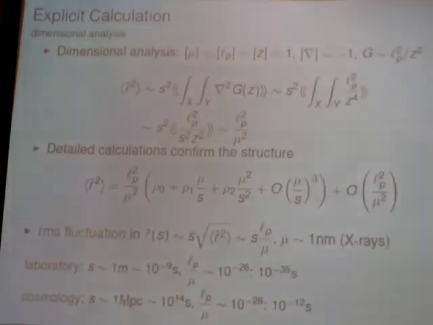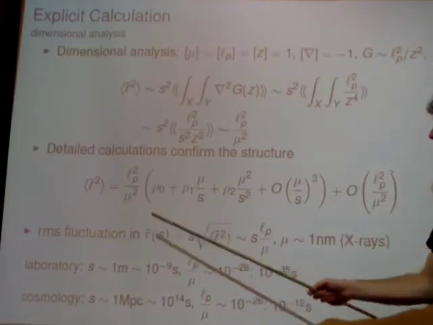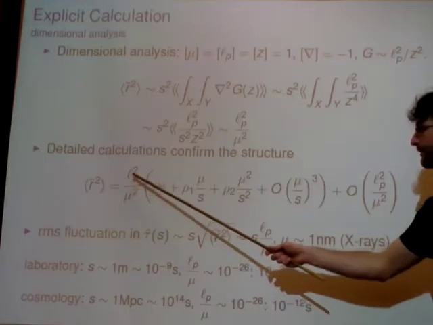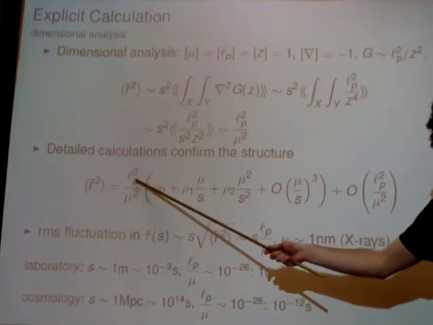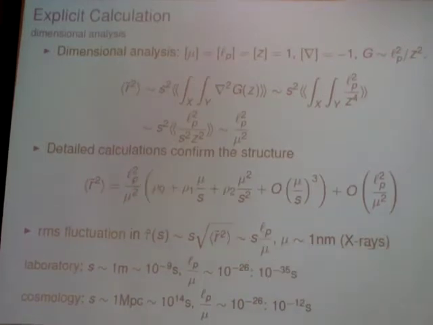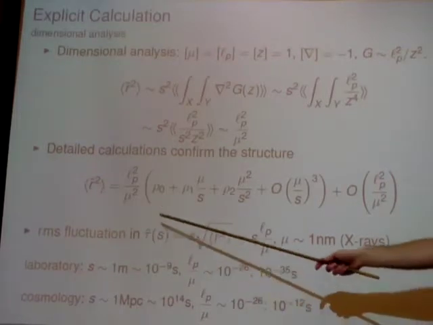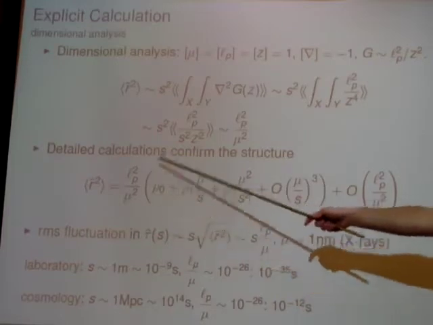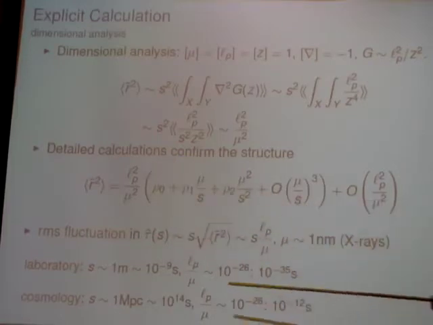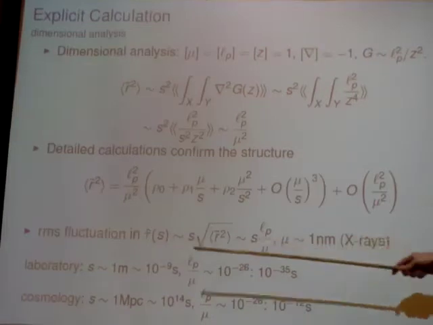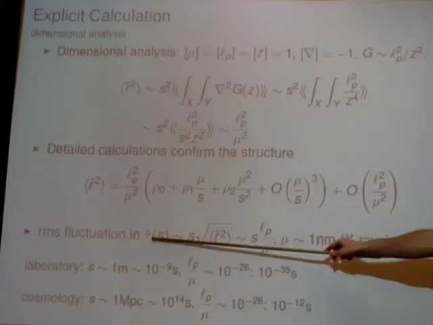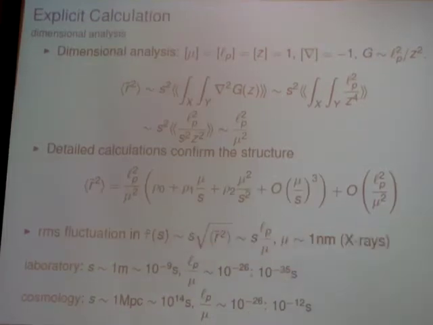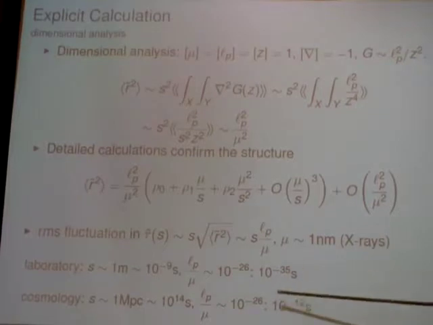Just to give you an idea what size of the fluctuations you should expect, the unfortunate thing is that everything is damped out by a factor of Planck length here. This Planck length is very small. So if you put in all the units and estimate the root mean square fluctuation in terms of seconds of the observation of the emission time, you'll find that in different scenarios you can get different answers, right?